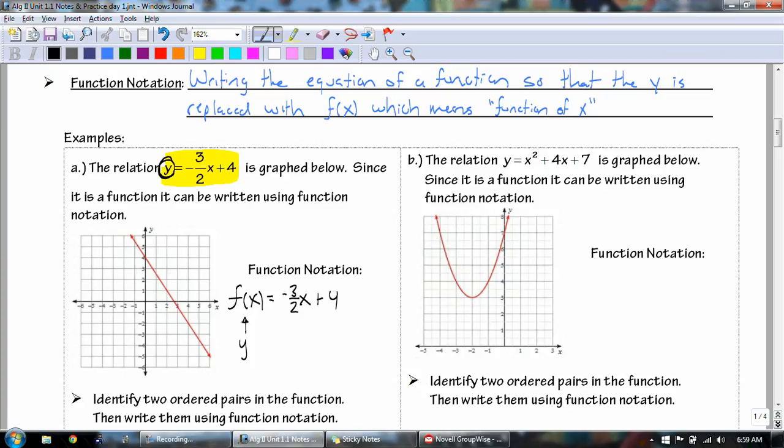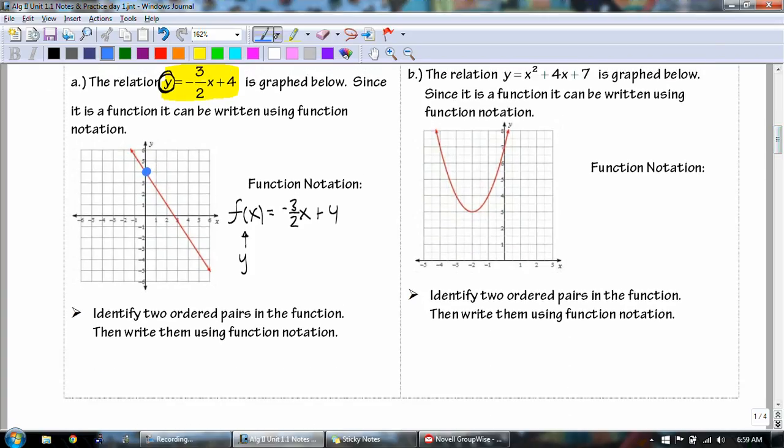So identify two ordered pairs in the function, then we're going to write them using function notation. So I'm going to find an ordered pair. Boom. That's my first one. So that ordered pair is the point 0, 4. And if I'm going to write that using function notation, remember that this is our x and this is our y.